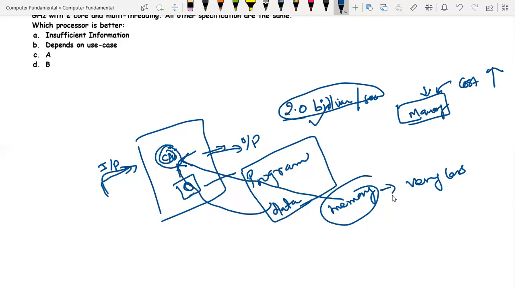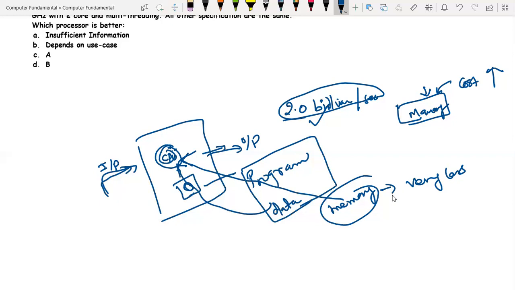If you construct a memory whose speed matches your processor's speed, that's a good thing, but the cost of that memory is very high, expensive, and nobody can afford that type of computer system. So what solution arrived?